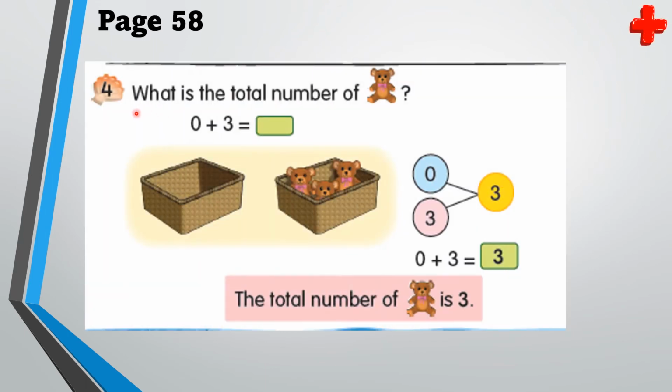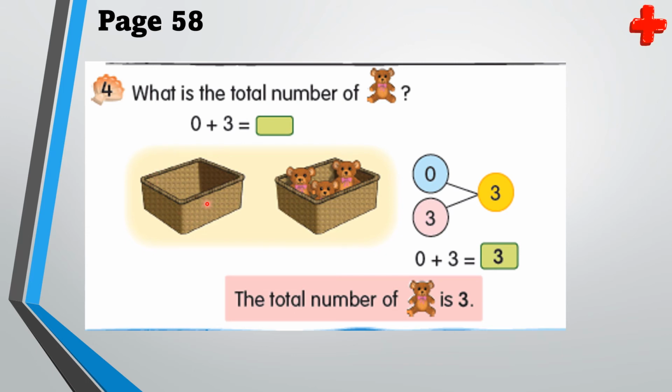Let's go to the last example in page 58. Example number 4. What is the total number of teddy bear? This picture is teddy bear. What is the total number of teddy bear? So, maksudnya ialah apakah jumlah keseluruhan, total is keseluruhan teddy bear. So, in this basket, there are no teddy bear.